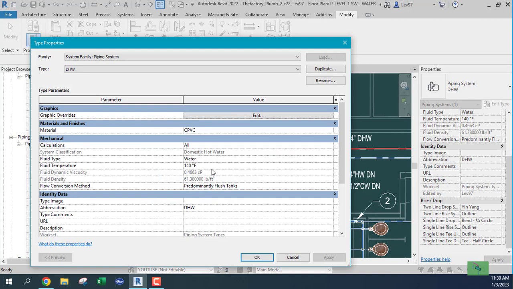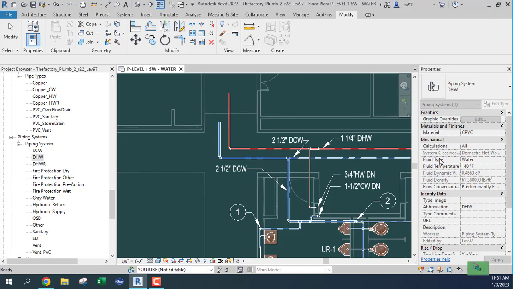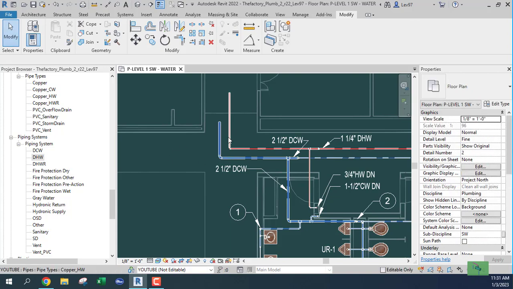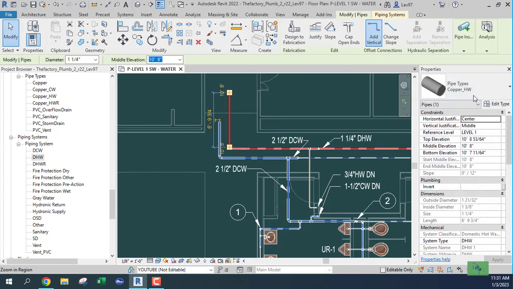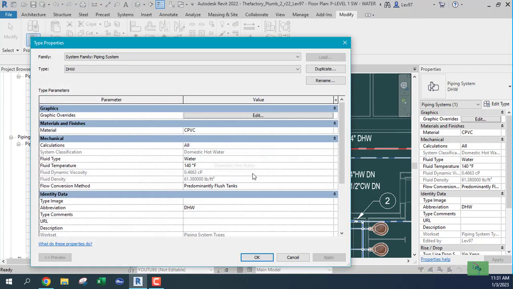Because if you go in and you don't change these numbers, Revit is going to assume that your hot water system type is going to be cold water. If you keep this at flush valves for hot water, then it's going to calculate as if it was cold water.